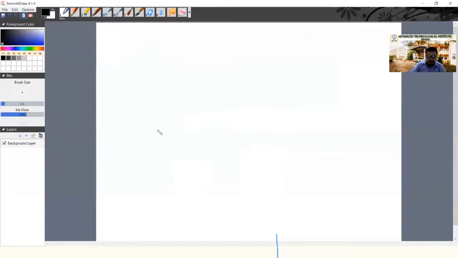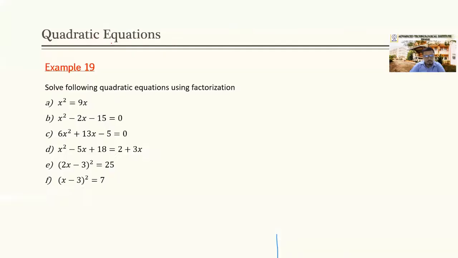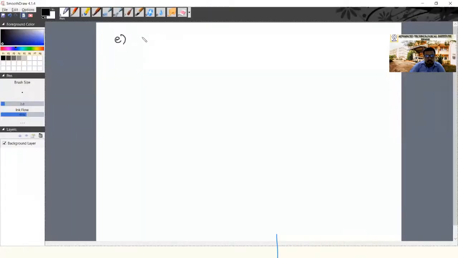Part E. 2x minus 3 whole squared equals 25. 2x minus 3 whole squared equals 25. How to solve this one?